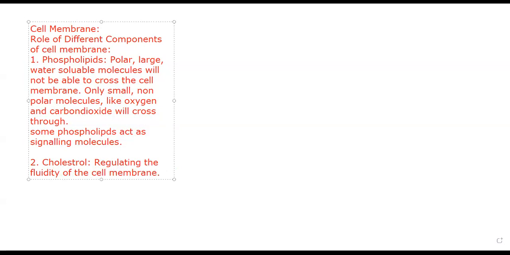So cholesterol will make it so that when the temperature is too low, the cell membrane doesn't become too stiff, too rigid. And when the temperature is too high, the cell membrane doesn't become too fluid, right? So how does it do that?